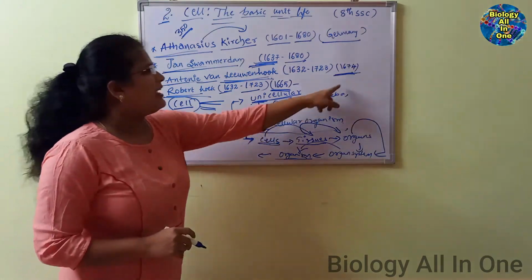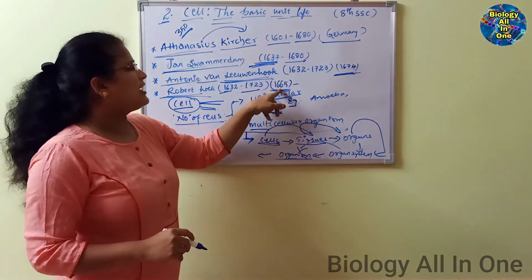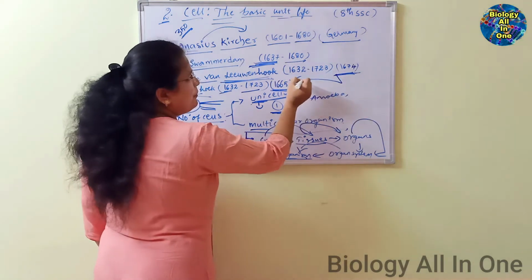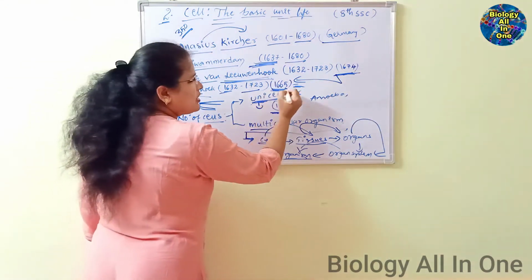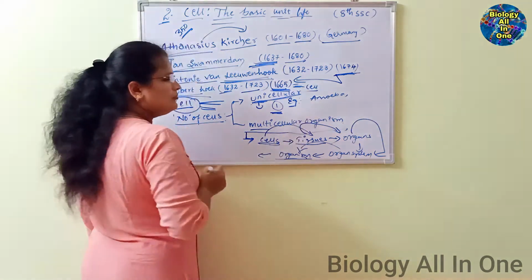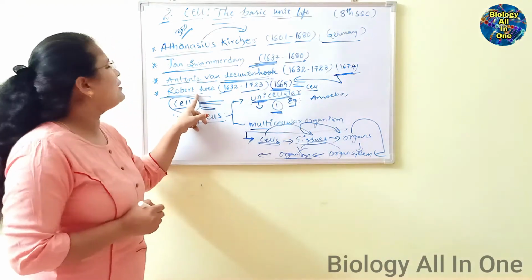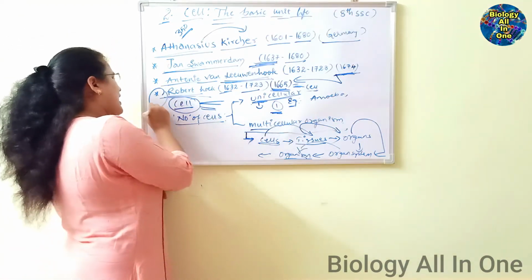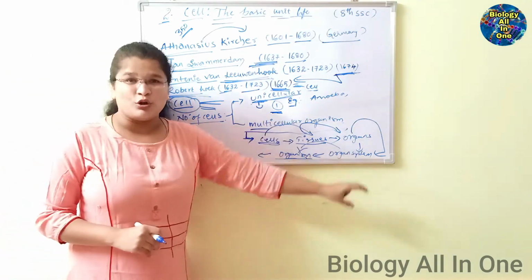Leeuwenhoek observed the microorganisms in the year 1674 and Hooke observed in the year 1665, before him. But he didn't observe the microorganisms. He observed the cell for the first time in his own microscope. That's the reason he was not regarded as the first person who observed the microorganisms in his own microscope.